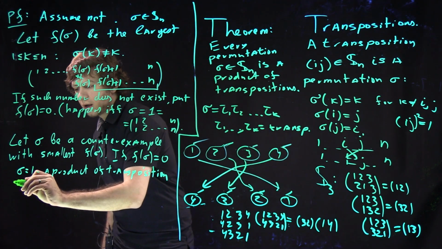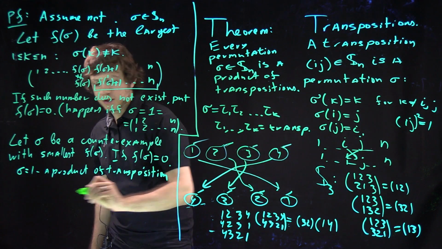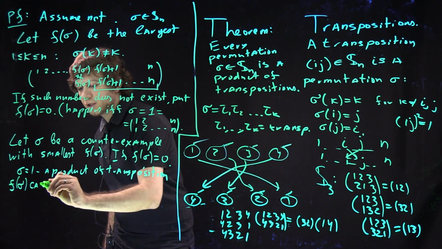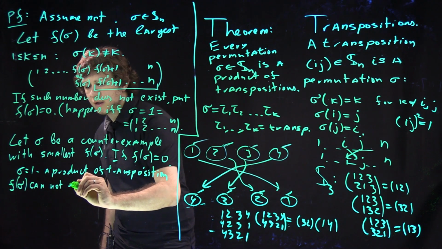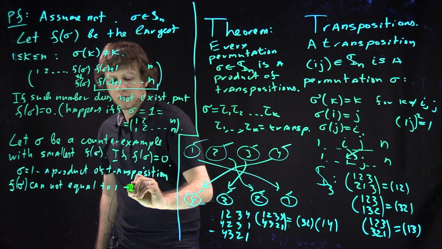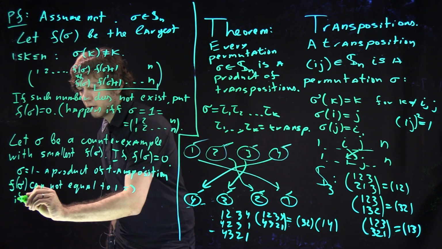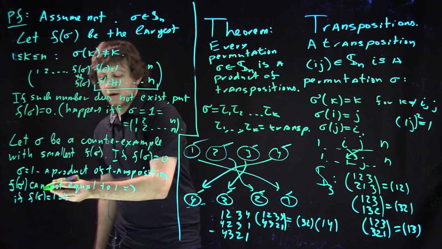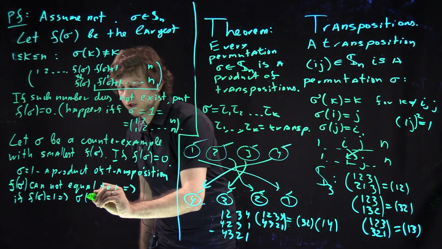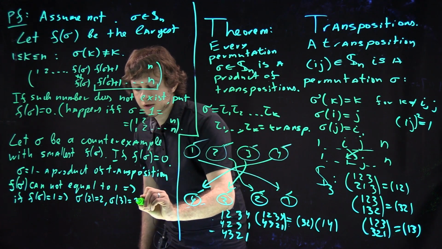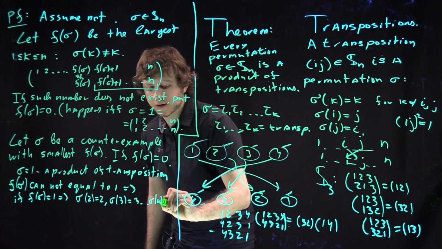So f of sigma cannot equal 1, because if f of sigma equals 1, then we just know that sigma of 2 equals 2, sigma of 3 equals 3, and so on up to sigma of n equals n.